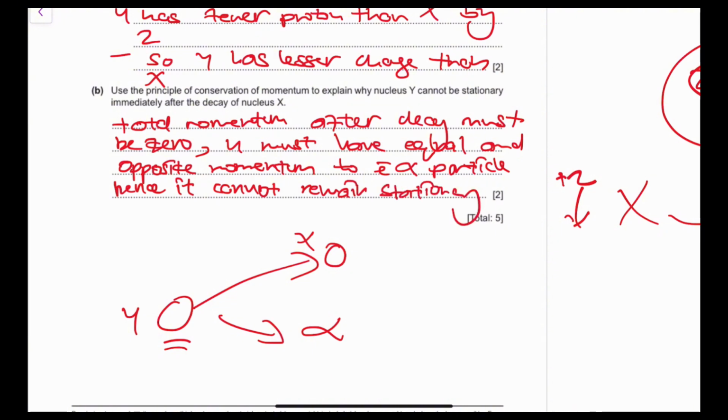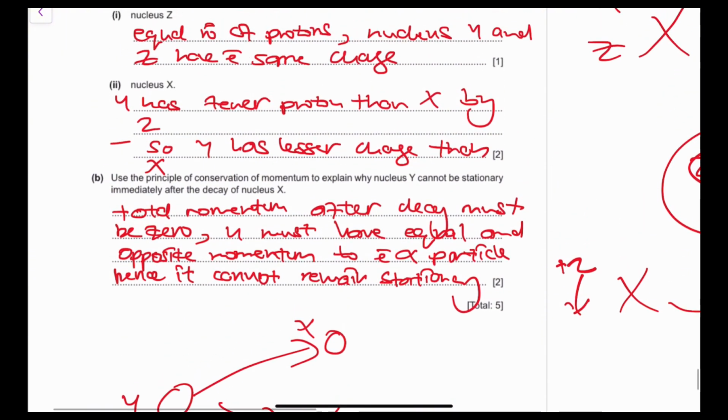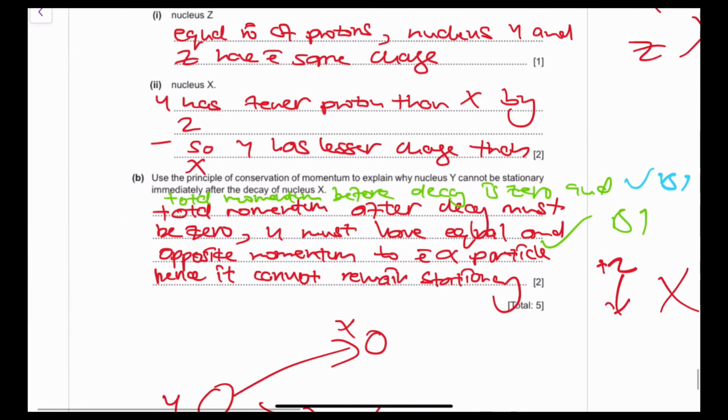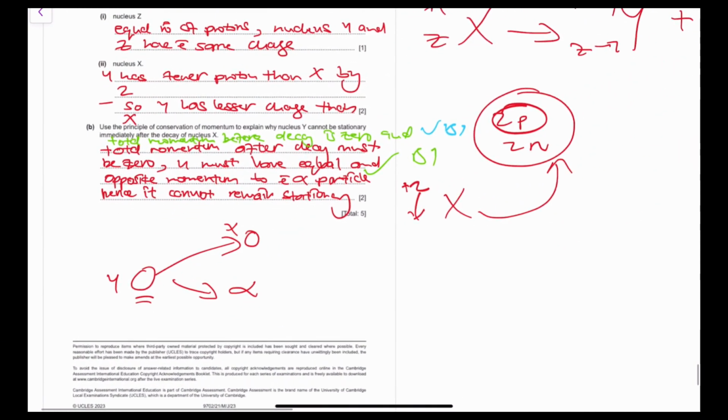So what are they looking for? Total momentum after decay must be 0. Therefore, Y must have an equal and opposite momentum to the alpha particle. Hence, it cannot remain stationary. This is the second mark that you'll be getting. The first mark is that the total momentum before decay is 0.